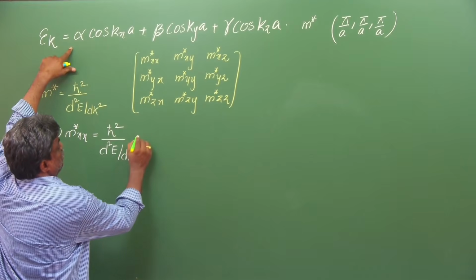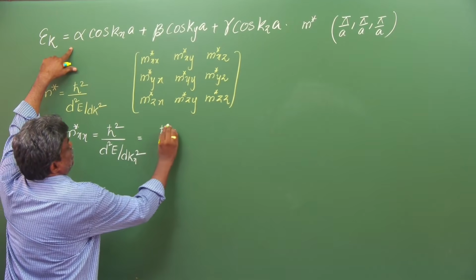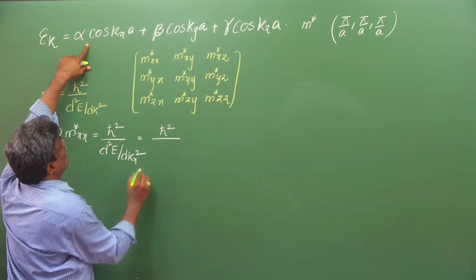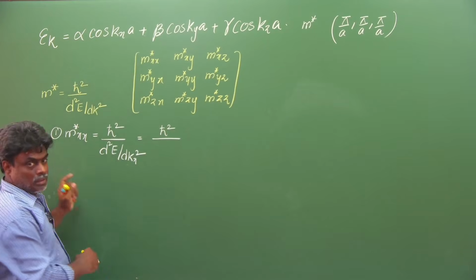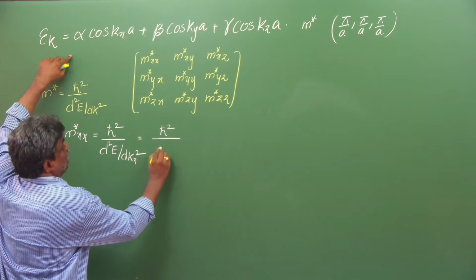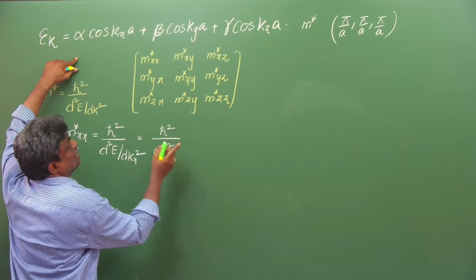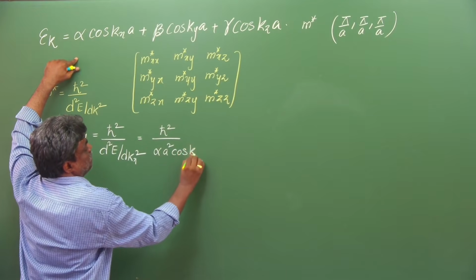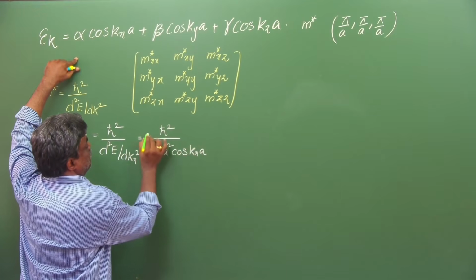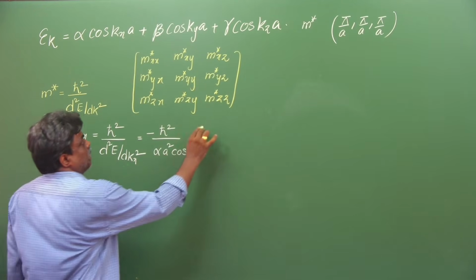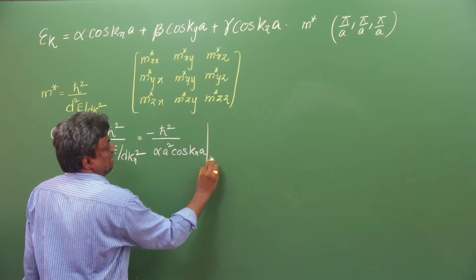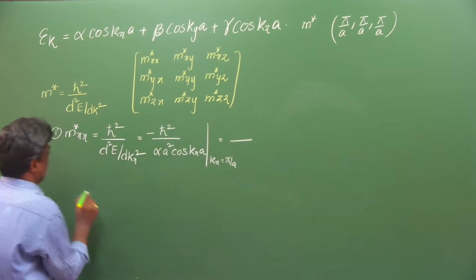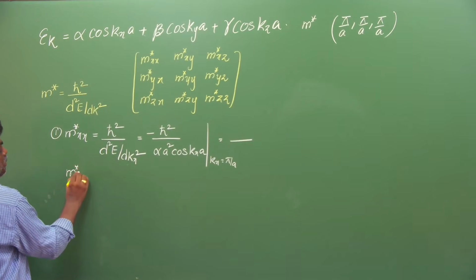This is h cross square and 2 times derivative, alpha a square cos, but there is a minus. Is it clear? Now, at which point? Pi by a. Kx only there, that's why pi by a. Can you do it?